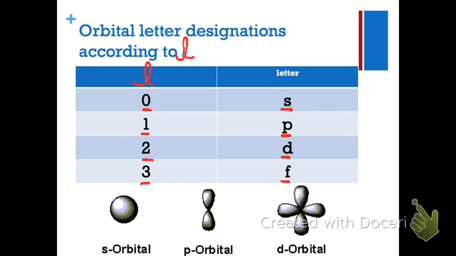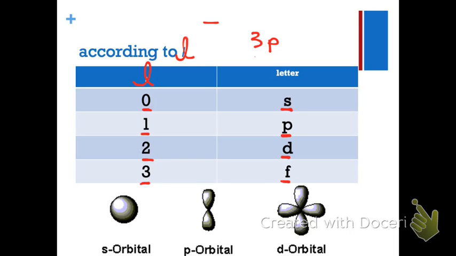Okay? So as I'm remembering my quantum numbers and I'm trying to figure out, okay, I know the energy level, I know the shape, S, P, D, F. And it'll tell me the value that goes with it. Okay? So the way we find quantum numbers is often using the orbital notation of the element. So let's go back to our example with chlorine. 1, 2, 3. And we said we were looking at this electron.